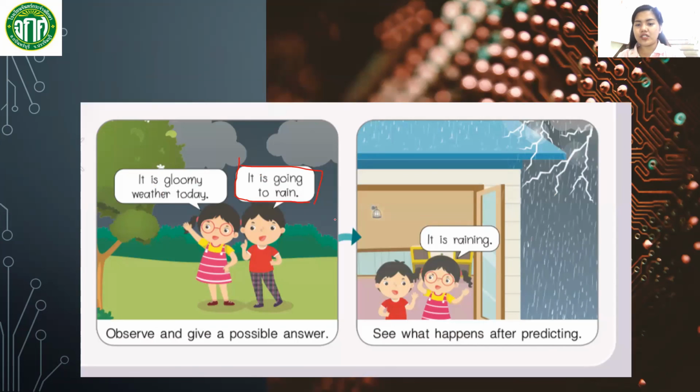As a result, it is raining. The result is the same as the prediction of the boy. So this is what happens after predicting. Again, that is predicting.